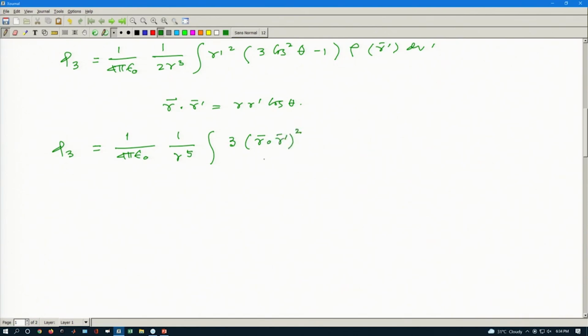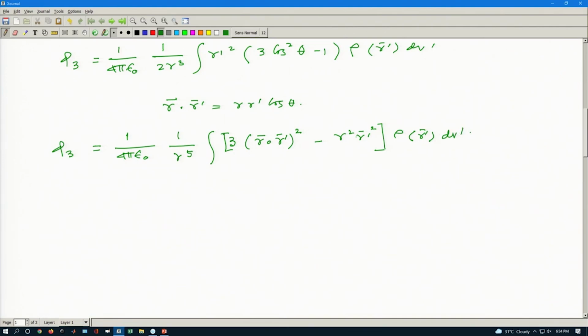One r square is taken care of by this r to the power 5, and another term here is r square and r prime square, with the usual rho and dv.